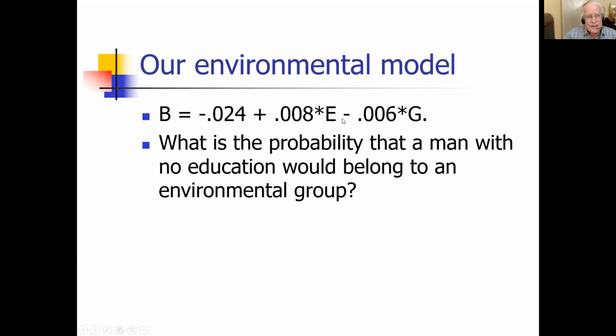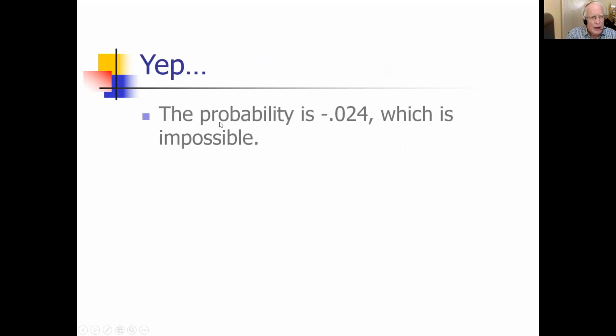So both of these terms drop out of the equation, and the predicted probability that the man belongs to an environmental group is negative 0.024. In other words, minus 2.4%.